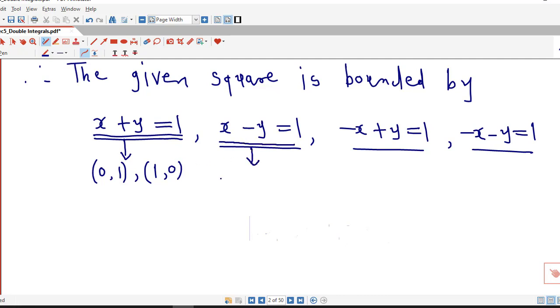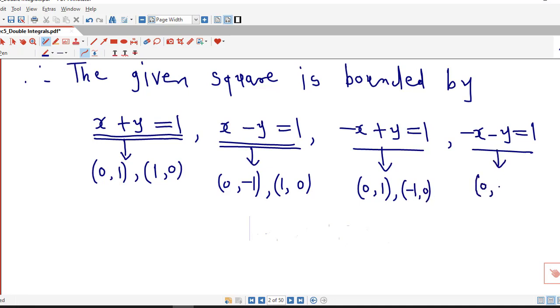Similarly for this, if we take x equal to 0, we have minus y equal to 1, that is y is minus 1, and if we put y equal to 0, x will be 1. Similarly, if we put x equal to 0 here, y becomes 1, and for y equal to 0, x becomes minus 1. And here if we take x equal to 0, minus y is 1, that is y equal to minus 1, and if y is 0, minus x equal to 1, that is x equal to minus 1.